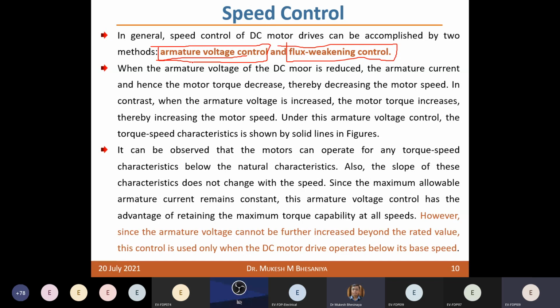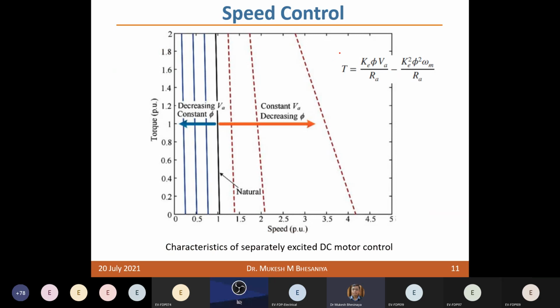So there are two controls we employ: one is armature voltage control, and another is field weakening control. When the armature voltage of the DC motor is reduced, the armature current decreases, thereby decreasing the motor speed. This comes from this relation, the expression relating torque and speed for the given parameters of a motor.